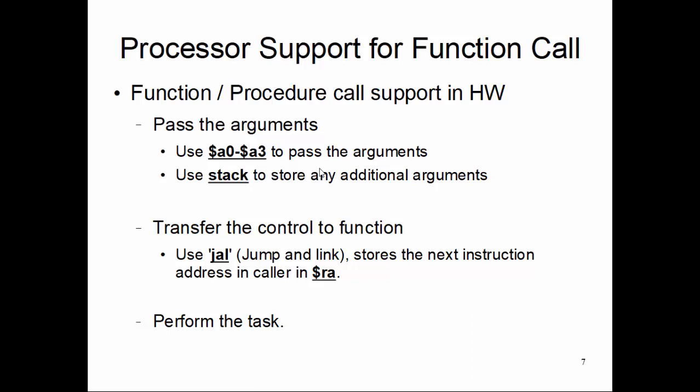But jump and link stores the next instruction address in the caller code in the register $RA. This is one important thing you need to understand. You are transferring control from one place to the start of the procedure or function code using JAL.